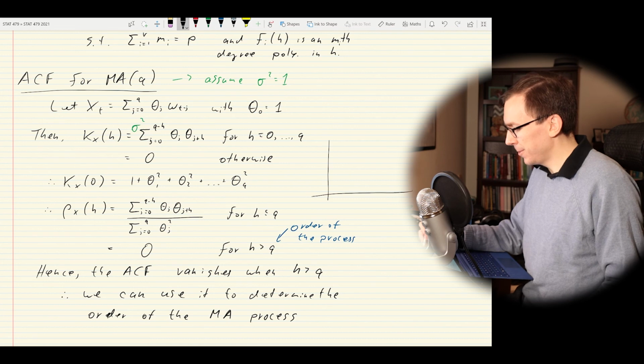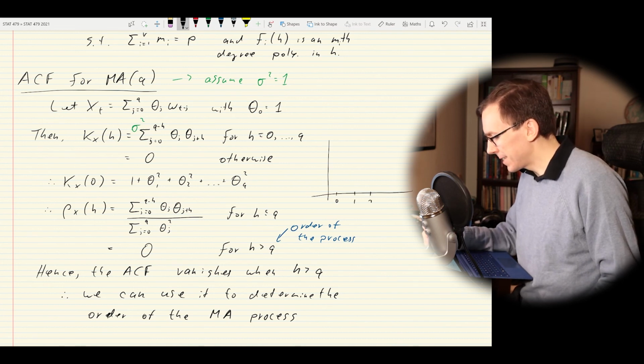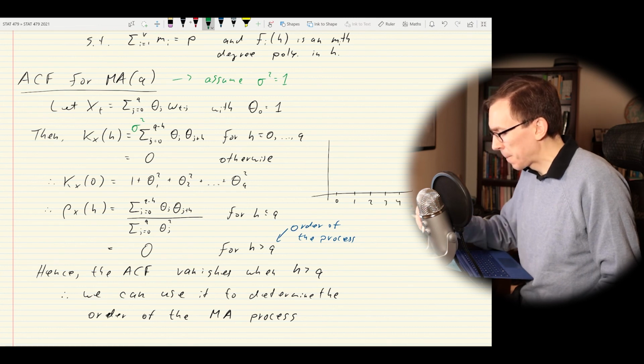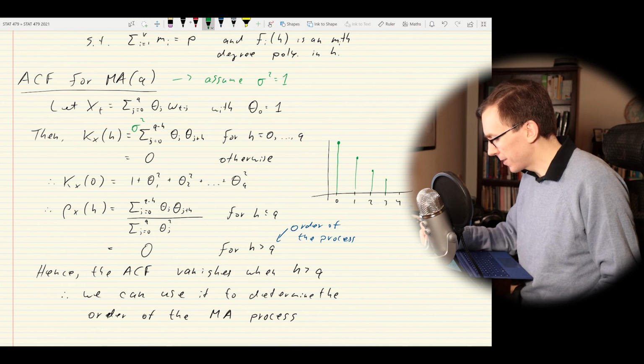So what we would have, right, is something that if we go, let's say 0, 1, 2, 3, 4, what we might have is an autocorrelation that starts at 1, maybe it goes down. Oftentimes it almost looks linear, and then maybe it just goes to 0 after that, and then 0, 0, 0.